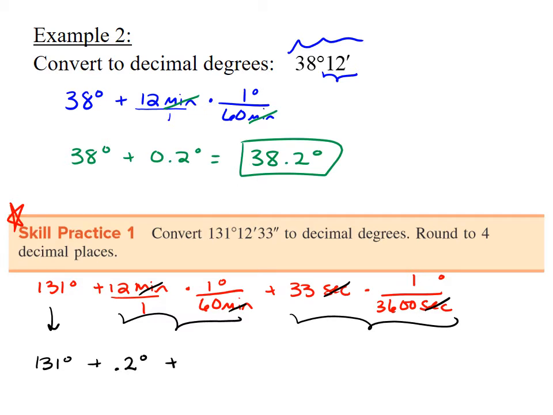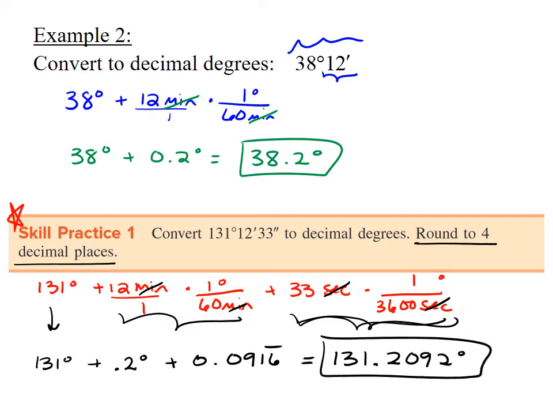Over here, in this group, I have 33 divided by 3,600. This is 0.0916 repeating. We've been asked to round to 4 decimal places, so this will become approximately 131.2092 degrees. And this is how you will make these conversions.